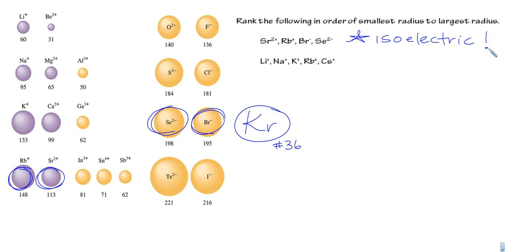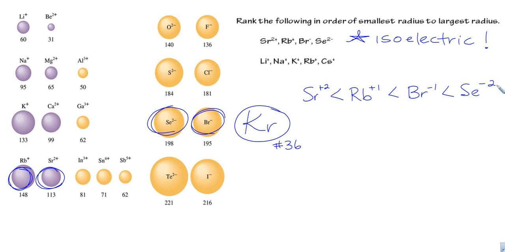So strontium 2 plus is going to be the smallest. Next would come rubidium plus 1, and then bromine minus 1. And the largest will be selenium 2 minus. He's got the least amount of protons, so the least nuclear attraction.